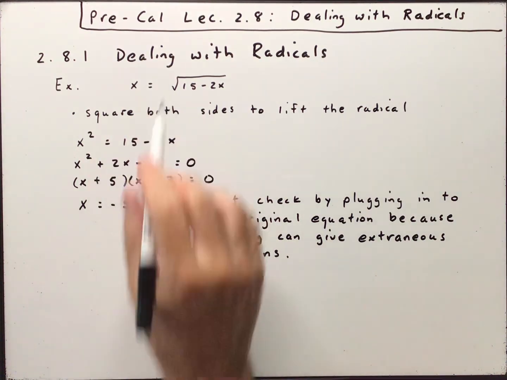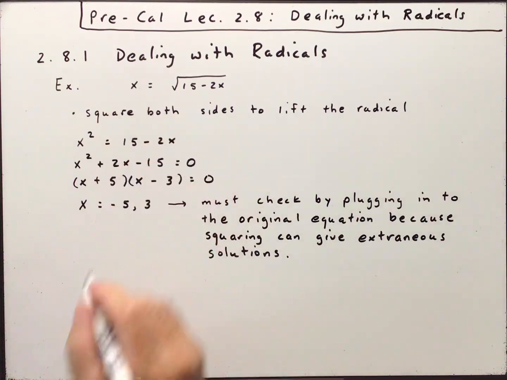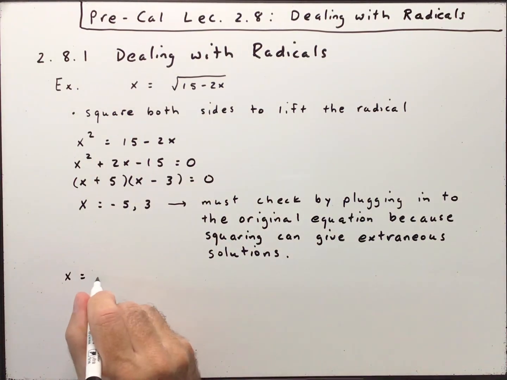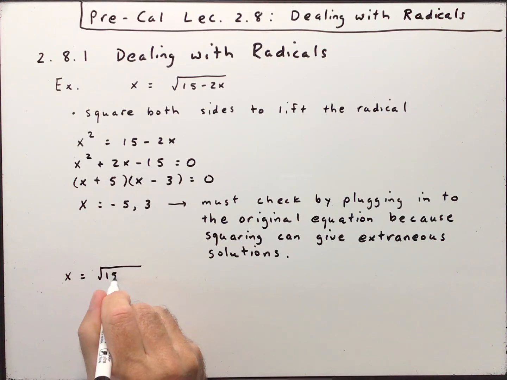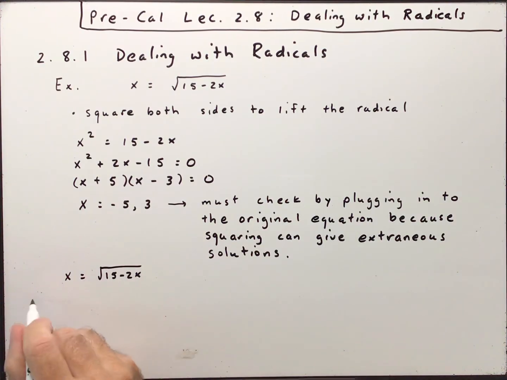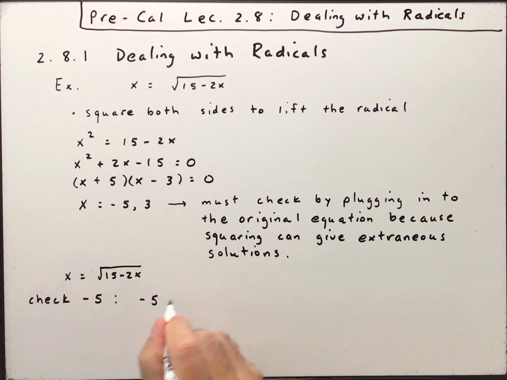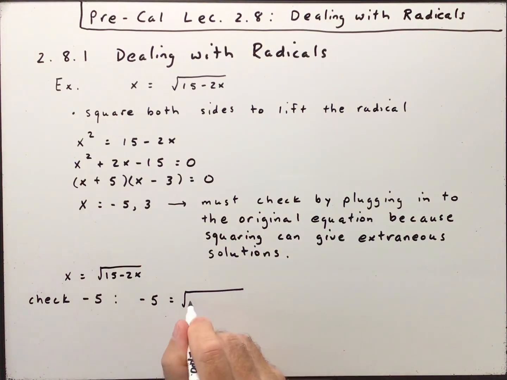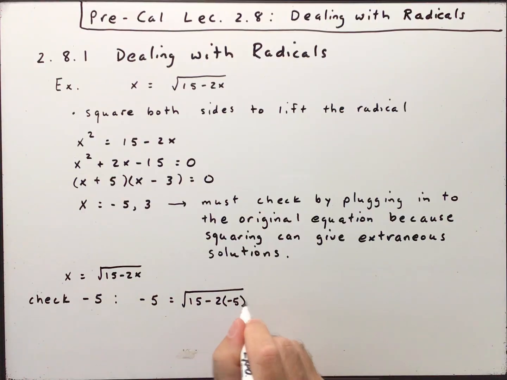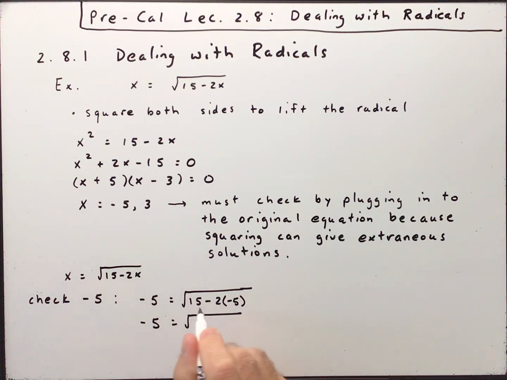Okay, so we'll plug back in negative 5 into the original equation. So we have x is equal to the square root of 15 minus 2x. So let's check negative 5. If I plug that in for x, I've got negative 5 is equal to the square root of 15 minus 2 times negative 5. So negative 5 is equal to the square root of 15 plus 10, so the square root of 25.